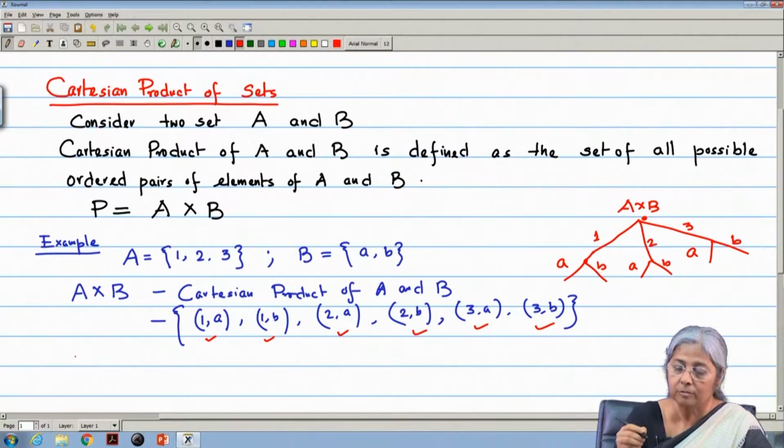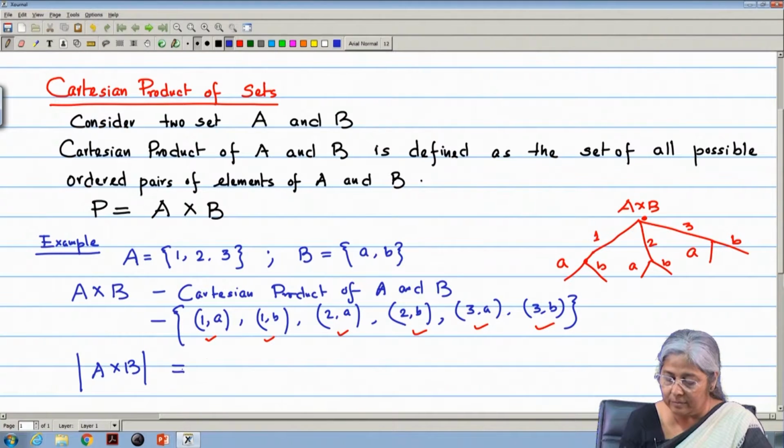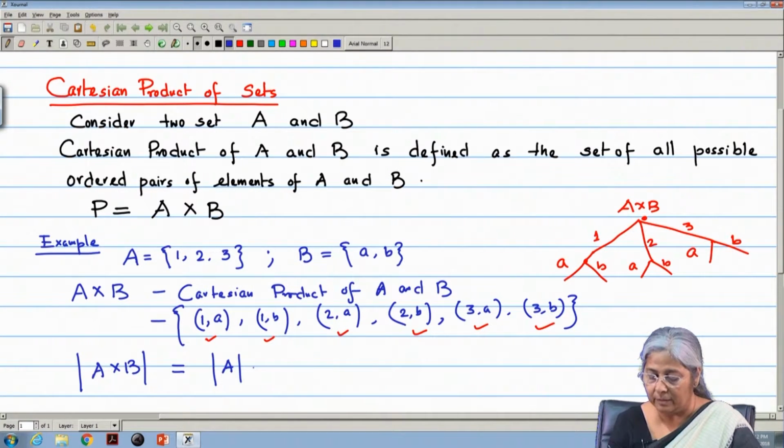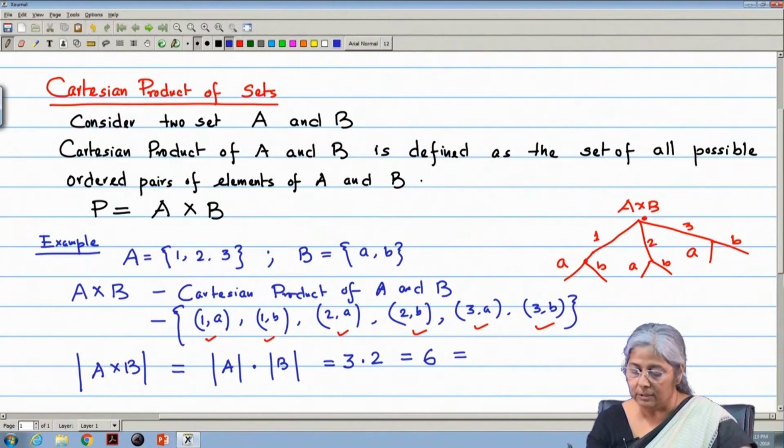The cardinality of A cross B is the cardinality of A times the cardinality of B. In this case, the cardinality of A is 3 and the cardinality of B is 2, so this is 6.